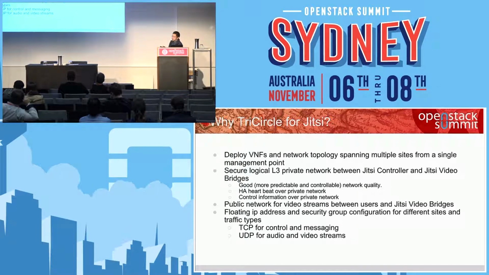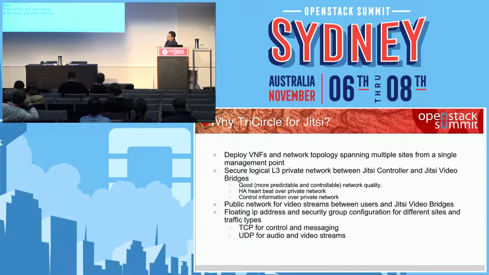Tricircle, one endpoint can be provided to establish the network topology. And we also need a logical layer 3 network between the Jitsi controller and video bridge. So we use the east-west traffic, so the internal layer 2, layer 3 network can provide a good network quality.